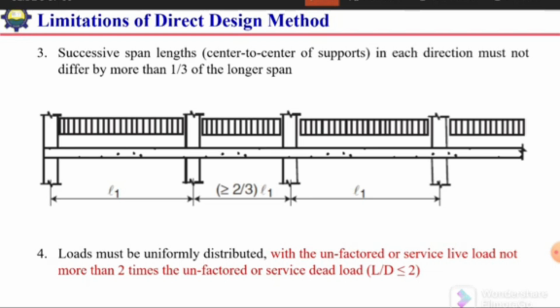So on the slab, there should be only uniformly distributed load. And the ratio of live load to dead load should be less than 2. And if all the other limitations are okay, but there is a point load acting on the slab, then this direct design method is not applicable. So this limitation should also be satisfied.